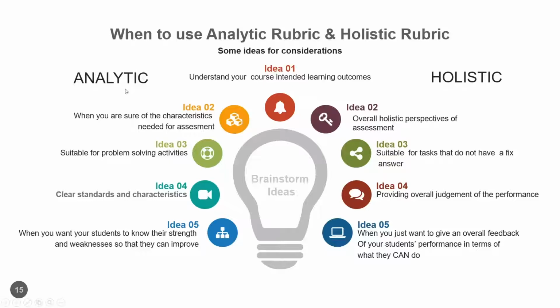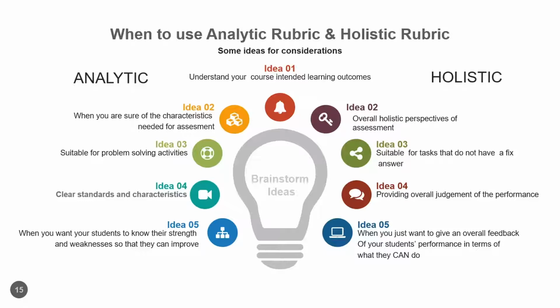And the best part of using analytic, I wouldn't say best. I mean, analytic and holistic are both very good. But when you're using analytic, when you say 5, it means they are able to not just explain, but explain in relation to the theory and connect it to their own context. 3 is when they are able to explain. 1 is they can only explain a bit, and some of the explanations are not correct, maybe there's misconception.